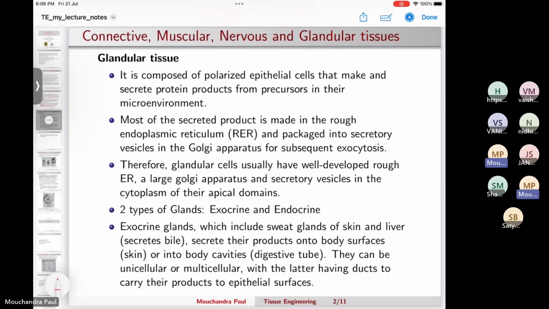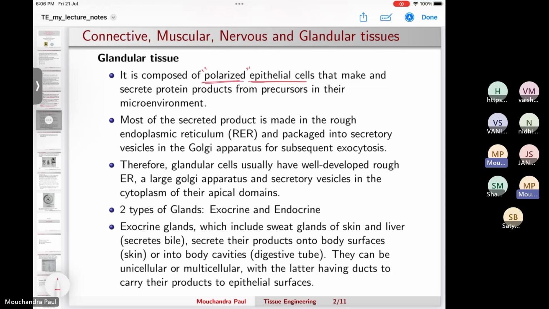Now the last type of tissue. Any organ is comprised of five types: we talked about epithelial tissue, connective, muscular, nervous, and lastly glandular tissues. These glandular tissues are mainly composed of epithelial cells, but these epithelial cells are polarized.